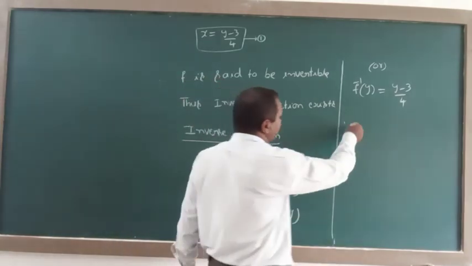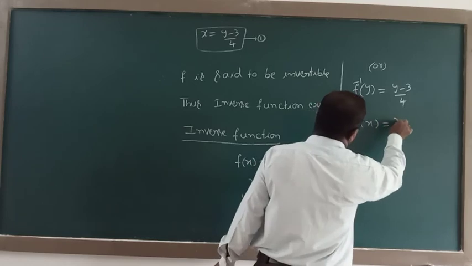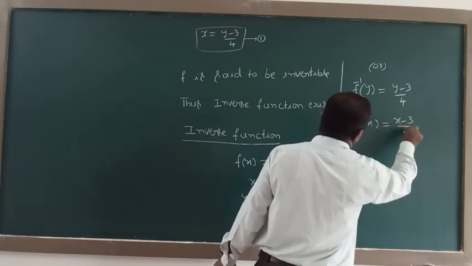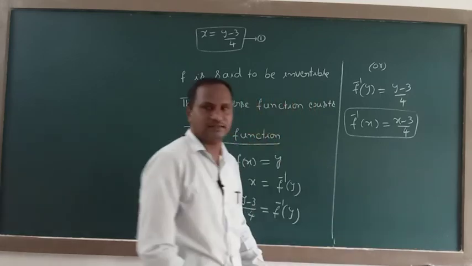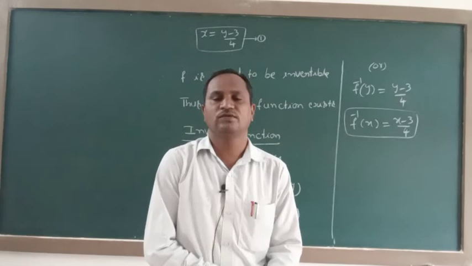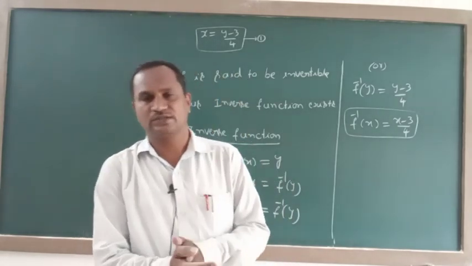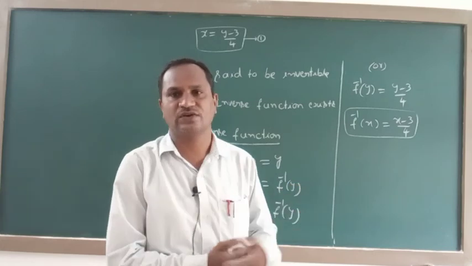Then f inverse of x is equal to x minus 3 by 4. Like that, here is how to give proof for one-one function, onto function, and afterwards verification, and finally give the inverse function also.